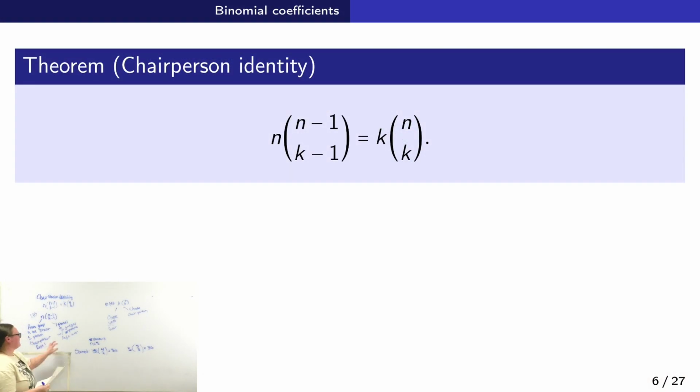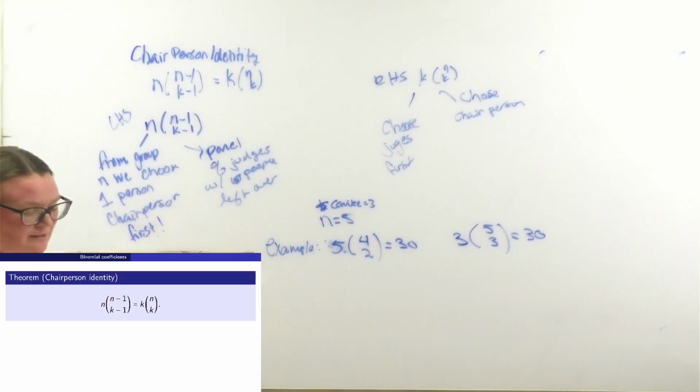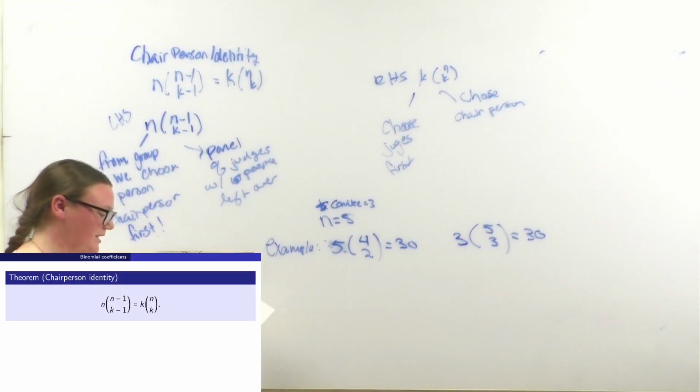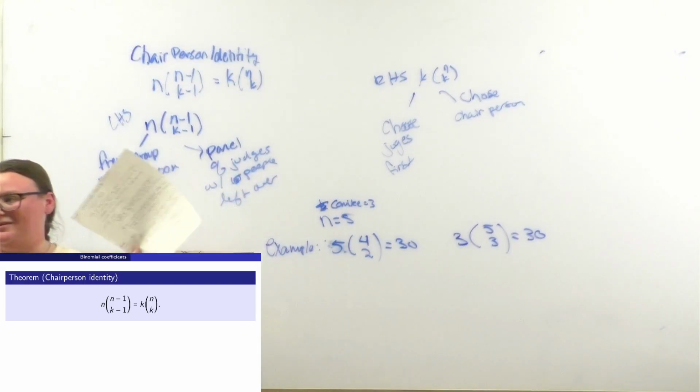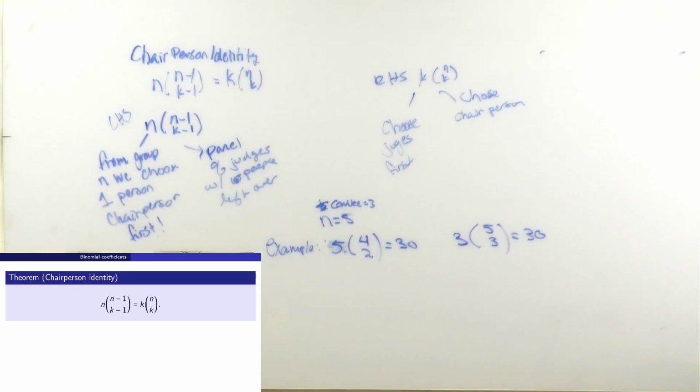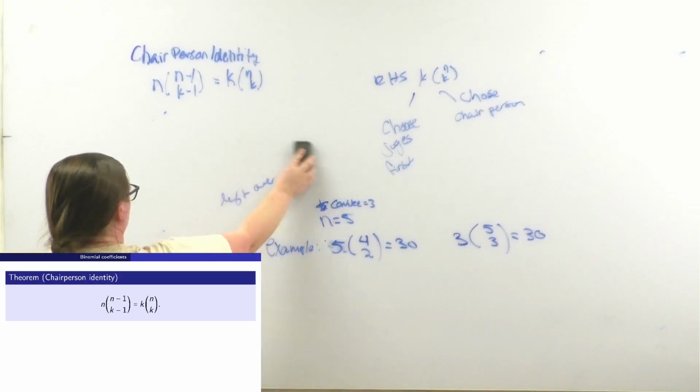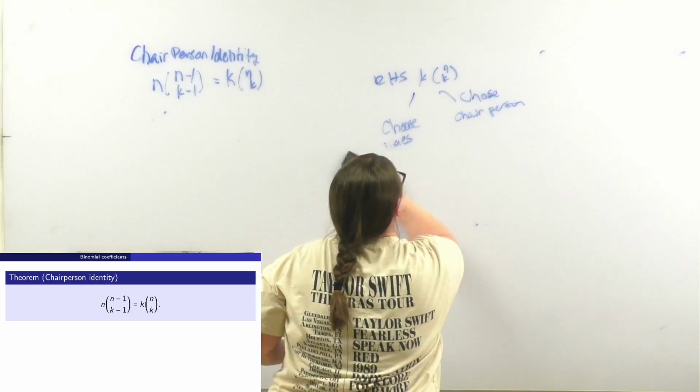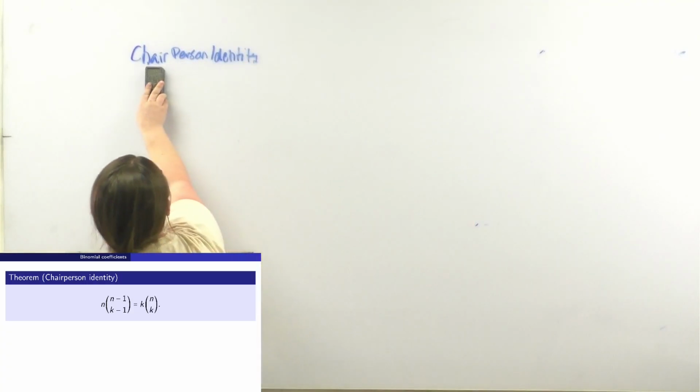So I feel like this wasn't really a proof. It was just kind of explaining things. And I want the QED count, so we're going to suffer through this for a second.